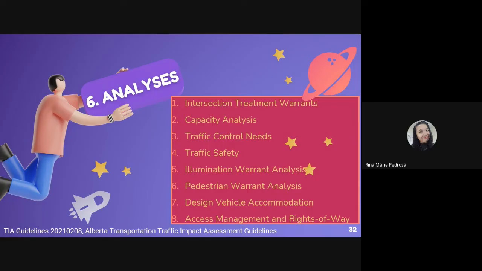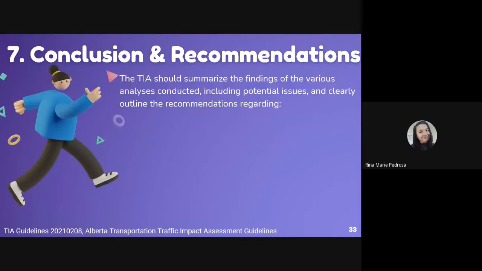If the location of the existing or proposed intersection is a concern, for example, insufficient intersection sight distances, intersection on grade or curve, insufficient access spacing, proximity to adjacent intersections and accesses, etc., the TIA consultant should evaluate access or corridor operations analysis, for example, weaving analysis, and provide options such as alternate access, consolidation, or relocation of the proposed access. So these are the analyses. There are eight that you have to consider if you are going to be using the TIA.